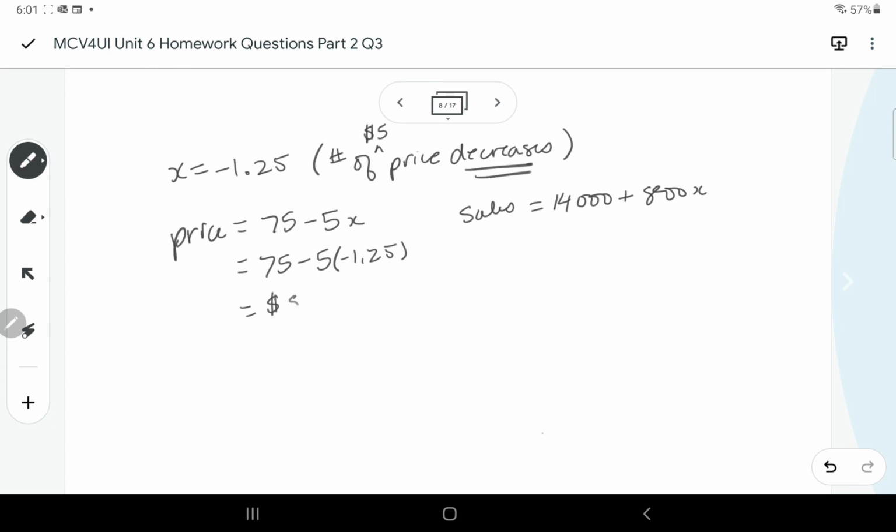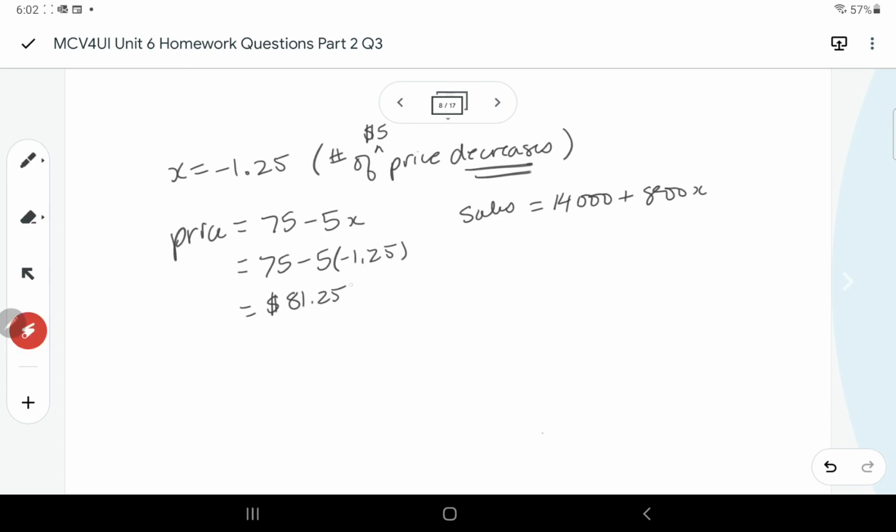The best price would be $82.50. I think that it's $82.50. I'm doing that in my head. No, $81.25. So $81.25 is going to be the best price.